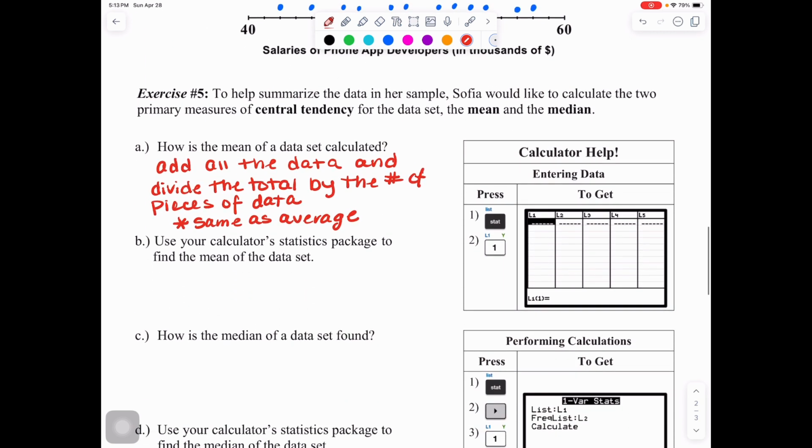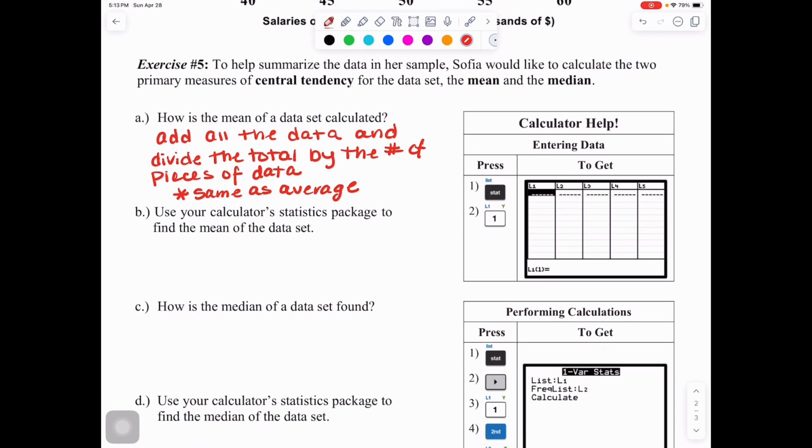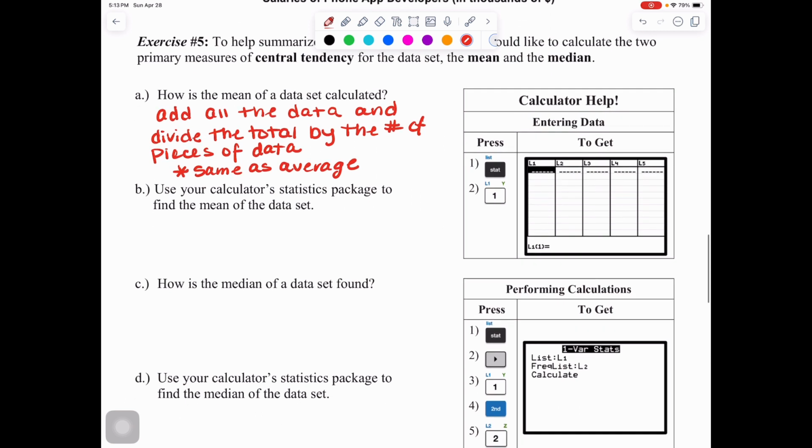That's what you always used to do for average. But now that we're in algebra, we have our graphing calculator that has a wonderful statistics package that will calculate a lot of these things for us. So today we're going to learn how to use that. We're going to use the calculator statistics package to find the mean of the data set. So look to the right here, and you will see the directions and calculator help for doing this.